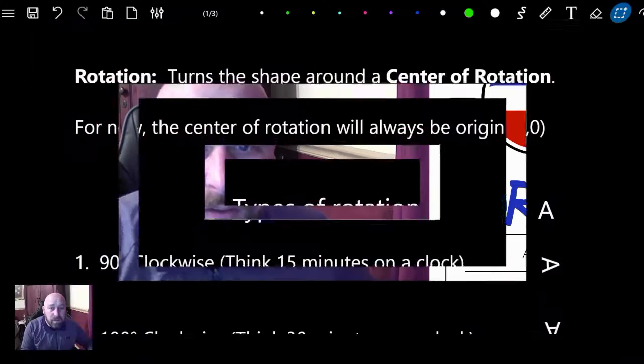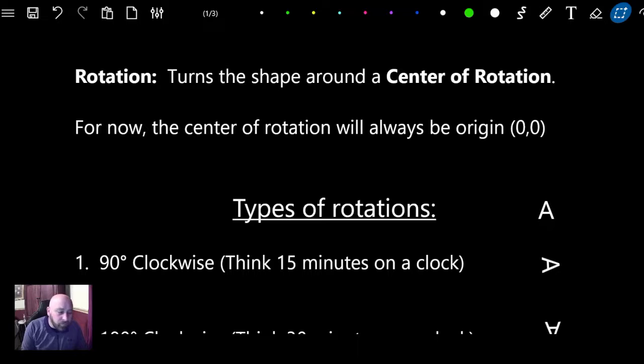Look in your book, or you can look down here at the screen as well. Today we're going to be talking about rotations. What is a rotation? Most of you are pretty familiar with this actually because you do this on the computer a lot. For instance, you'll put a picture on the computer and then you hit the little button that has a little arrow. It's like a curved arrow, right?